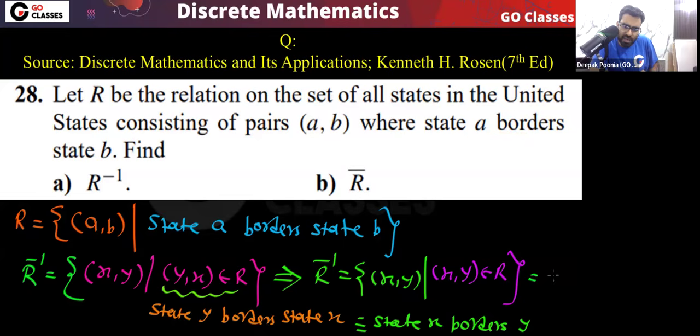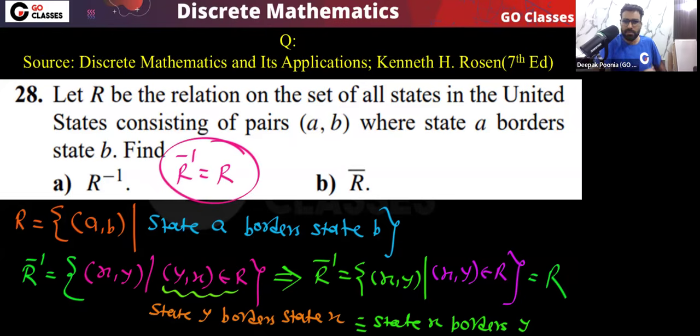So for this particular situation, R inverse will be the same as R. Understood? Very easy. Nothing complicated here.